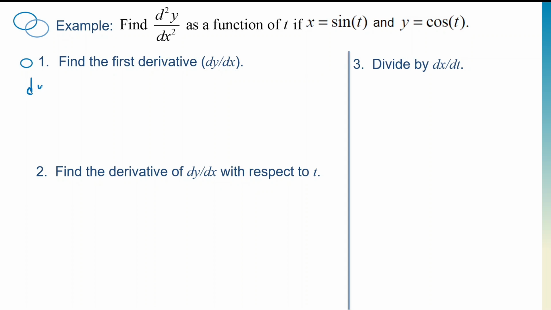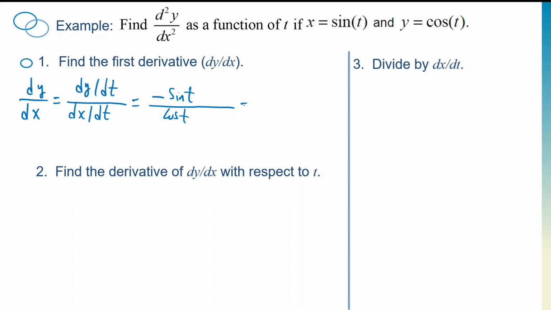So dy over dx equals dy over dt divided by dx over dt. dy over dt is negative sine of t. dx over dt is cosine. And I can say that this equals negative tan of t. Okay, this is the first derivative.